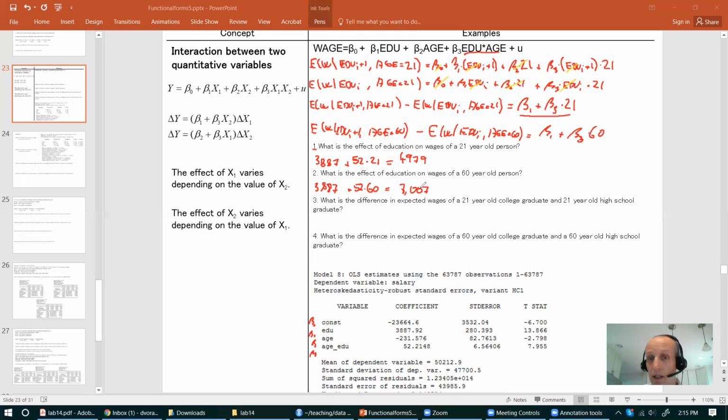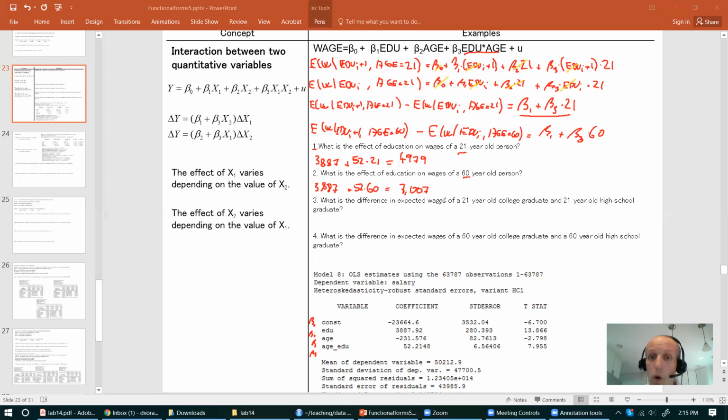So what is this telling us? If we interact two quantitative variables, it allows us to account for the fact that the effect of one quantitative variable may differ with the value of some other quantitative variable. In this case, the effect of education is different when you are 21 years old and when you are a 60-year-old.